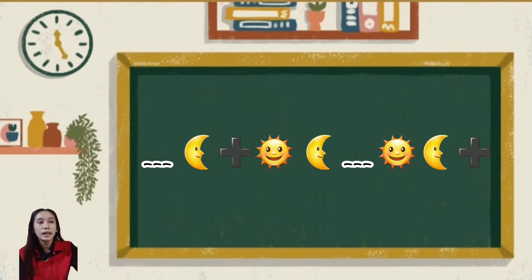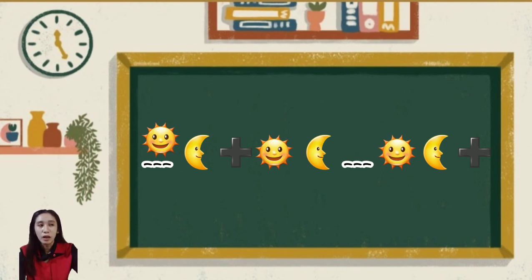the first one is the missing term followed by the crescent and the plus sign. Then, sun, crescent, and the missing term. Now, take a look at the picture before the crescent. It shows the sun. That's why the missing term before the crescent is, yes, very good, the sun. And after the crescent, what is the missing term?